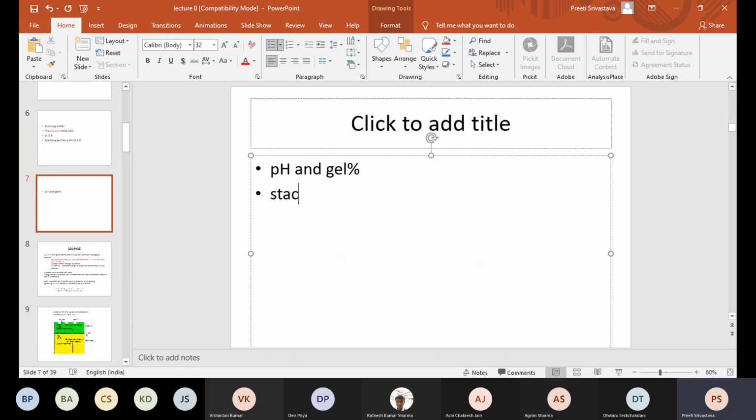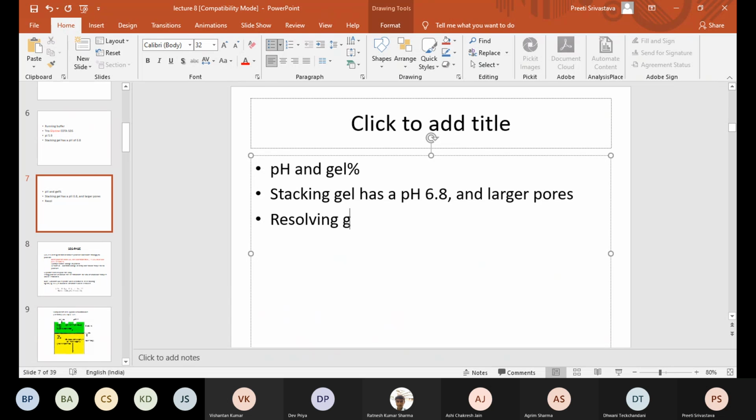So stacking gel has a pH of 6.8 and larger pores. Resolving gel has a pH of 8.8 and smaller pores.